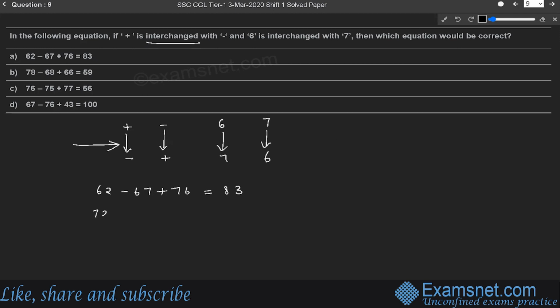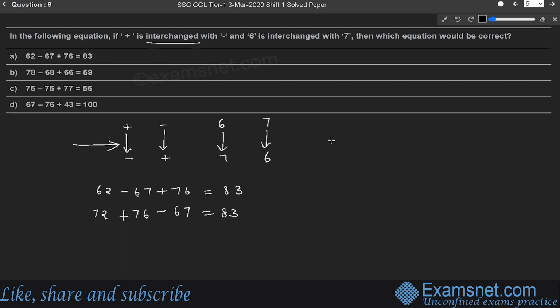So it will be 72. Then minus will be changed to plus. Then 6, 7: 6 will be changed to 7 and 7 will be changed to 6. Again plus, so plus will be changed to minus. So minus 7 and 6. So the first term is 7. 7 will be changed to 6 and 6 will be changed to 7. This is equal to 83.